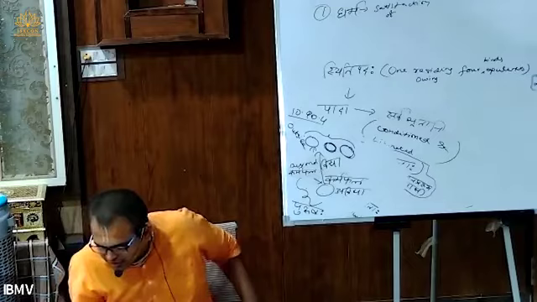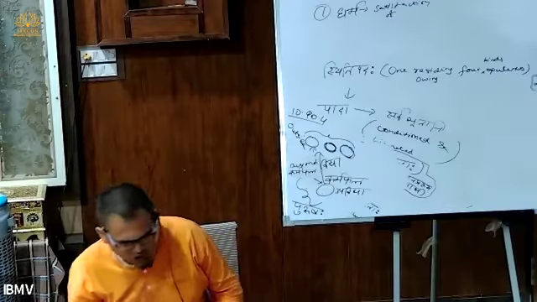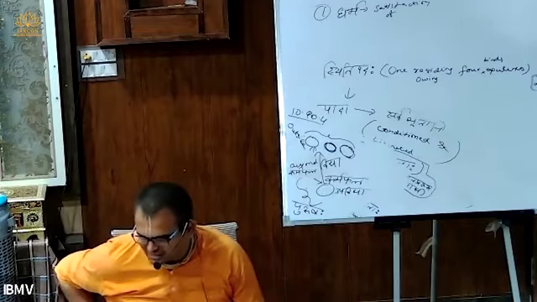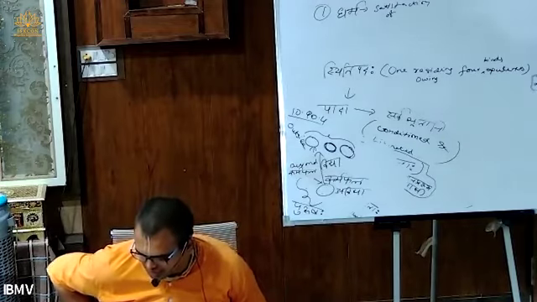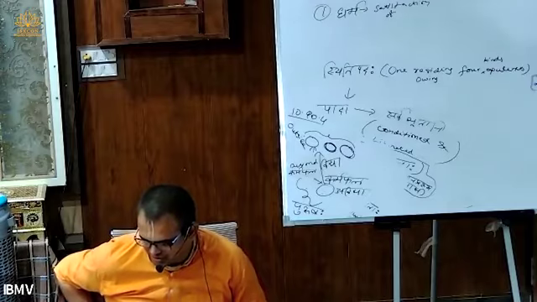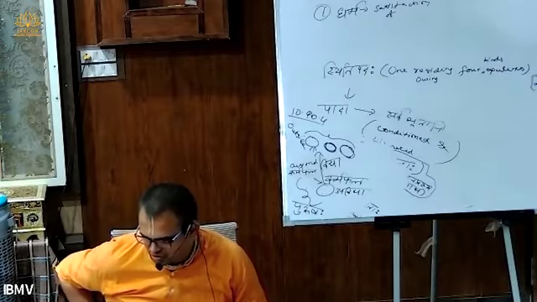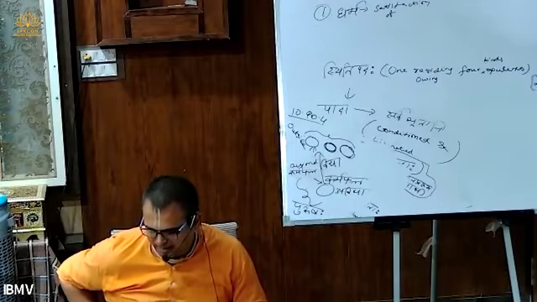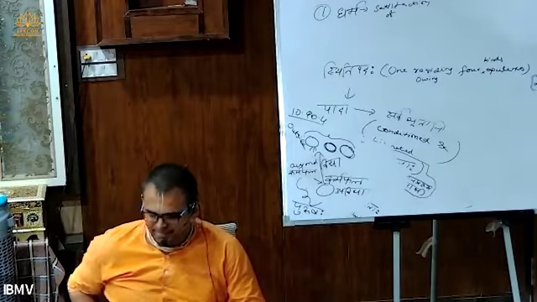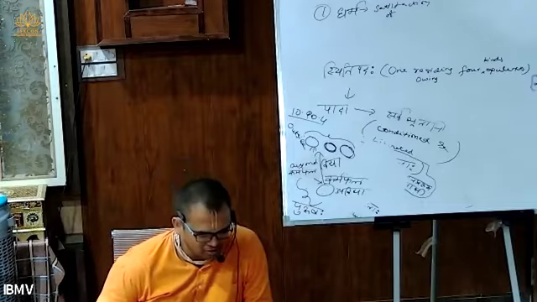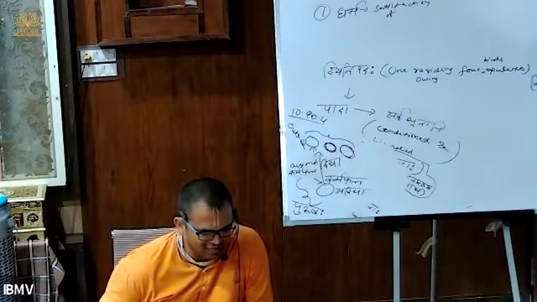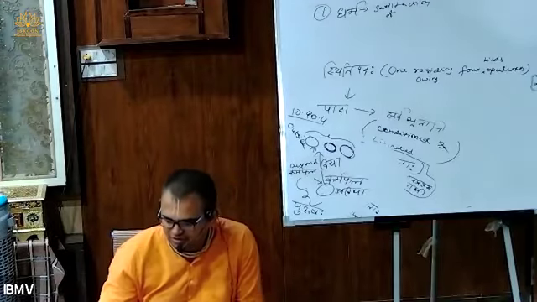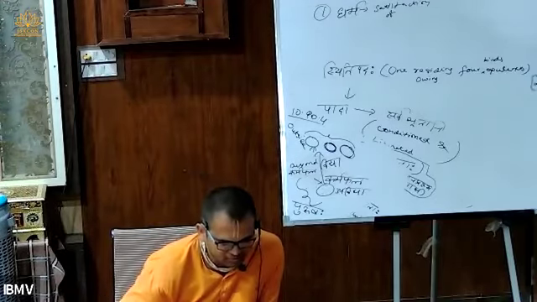So here, in the sloka, Vishwang is given. What is the meaning of Vishwang? Jiva Goswami took Vishwang as the Jiva, the jivatma which goes into these two paths. He took it like that.